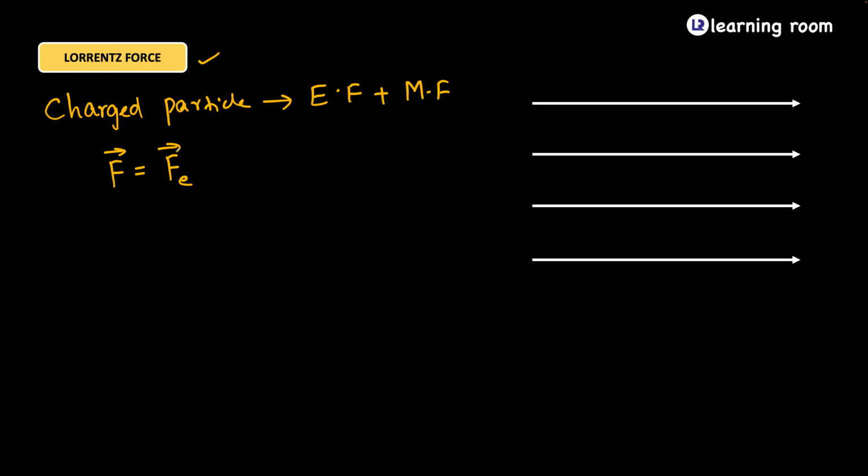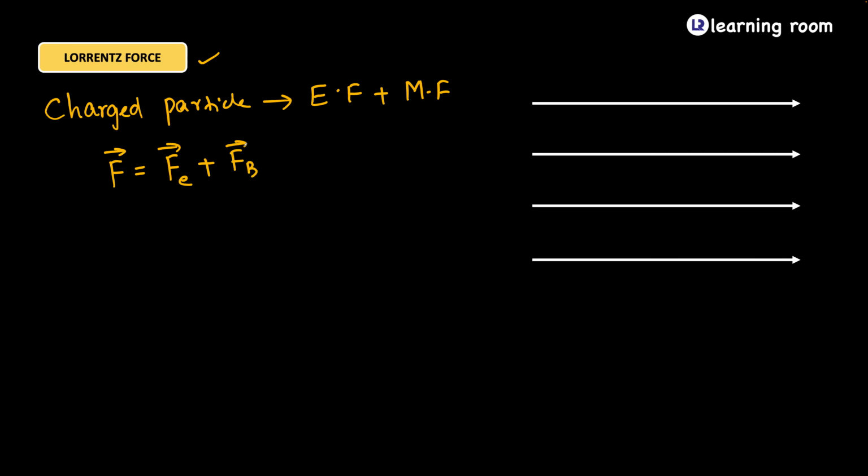If there is a charged particle moving in the presence of an electric field and magnetic field, then the resultant force experienced by this particle is given as the vector sum of the electrostatic force and the magnetic force.